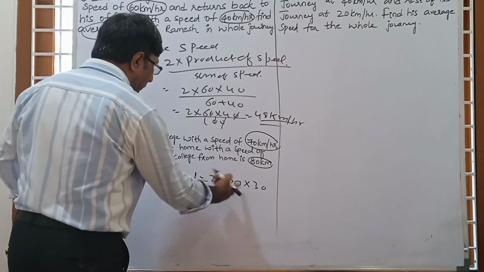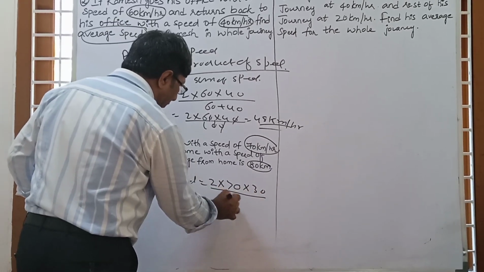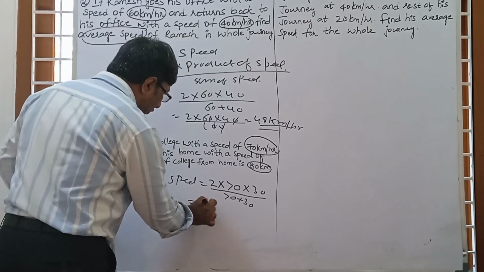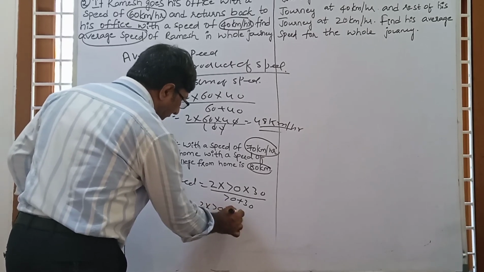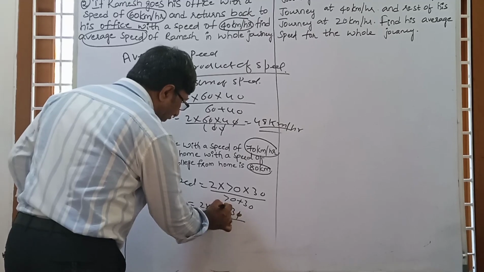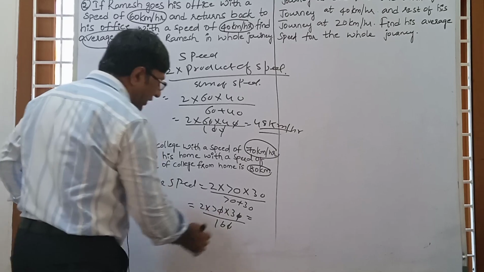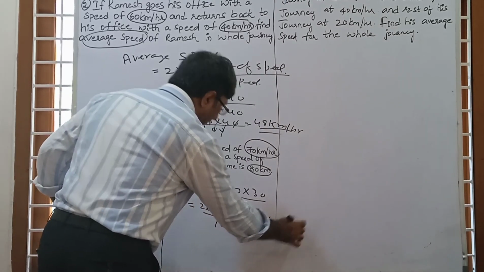So 2 into 70 into 30, divided by 70 plus 30. Again this is 2 multiplied by 70 multiplied by 30 divided by 100. This 0 and this 0 cancel out. So your right answer is 2 sevens are 14, 14 threes are 42. So this is 42 km per hour.